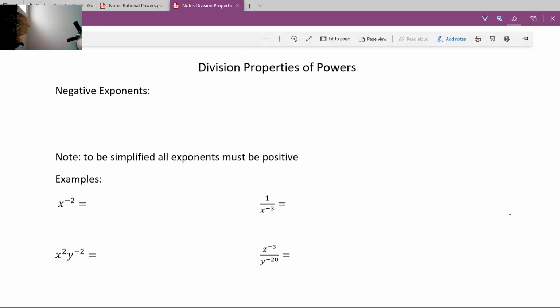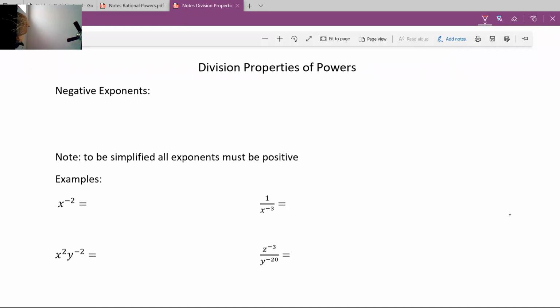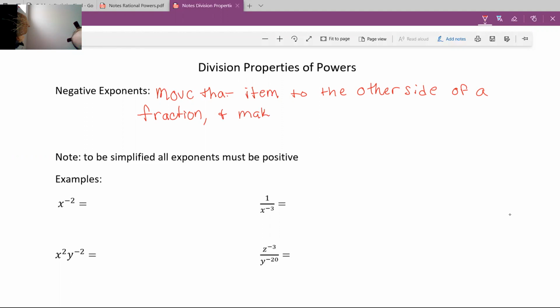If you have a negative exponent, you will need to move that item to the other side of a fraction and make the exponent positive.